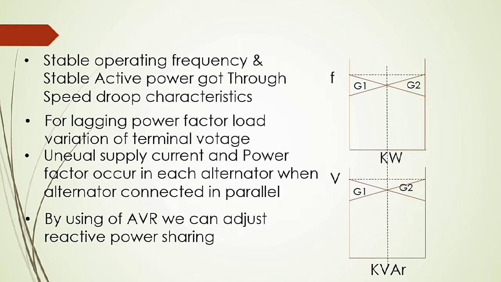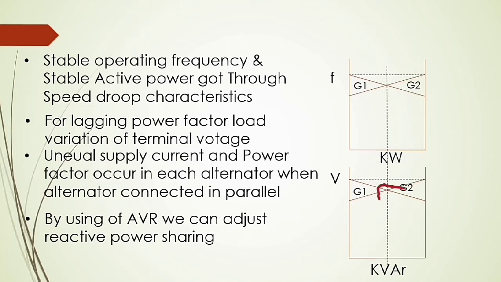So here the question is, because we see unequal reactive power sharing between the two alternators, to control reactive power sharing, what should we do? That is the question which came into my mind. First we will have to find the common operating voltage.